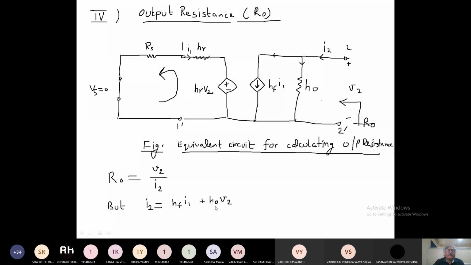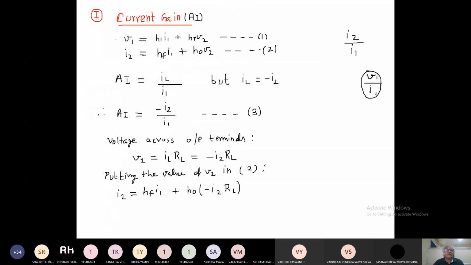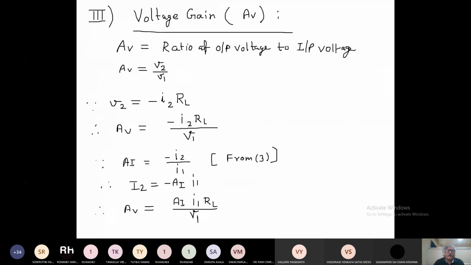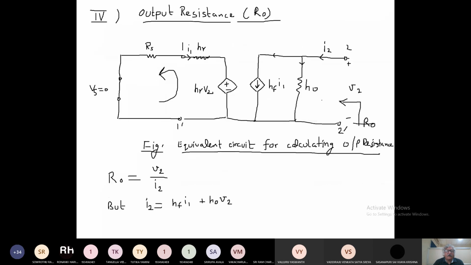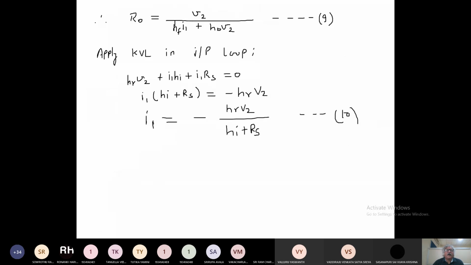This is from equation number 2. So I2 will be replaced by this equation, and we will get R naught is equal to V2 by (HF I1 plus H naught V2). And this is our equation number 9.